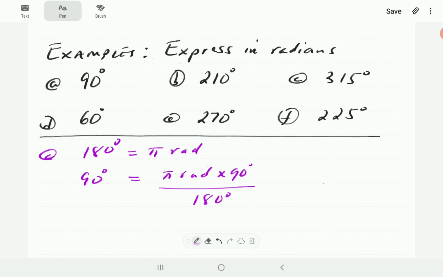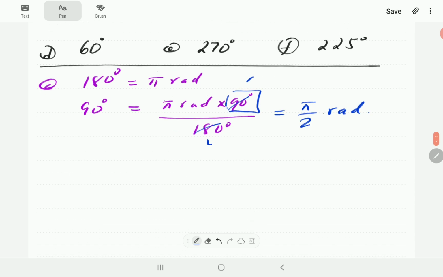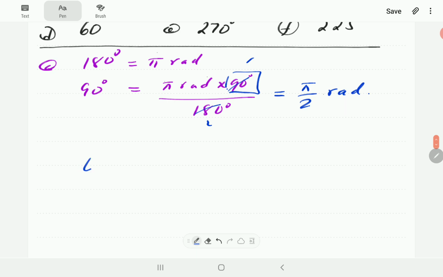Here is the angle that we started with: to the angle we multiply by pi and divide by 180. That's what we have to keep in mind. Of course 90 goes once here and twice into 180, so this is going to be pi over 2 radians. If this is theta in degrees and this is theta in radians, then to go from left to right we multiply by pi and divide by 180.